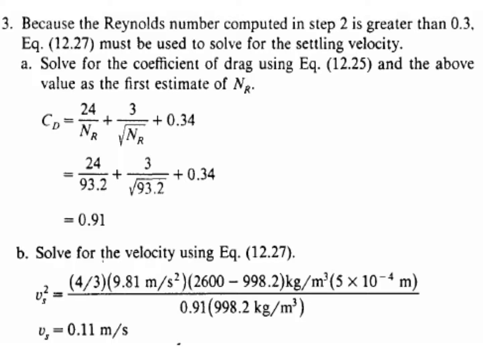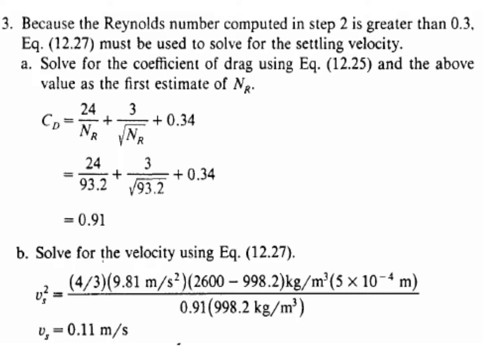And now part B, you will find the velocity. As you see here, the second formula: try to find this one in your FE manual, settling velocity in the environmental section, water treatment.